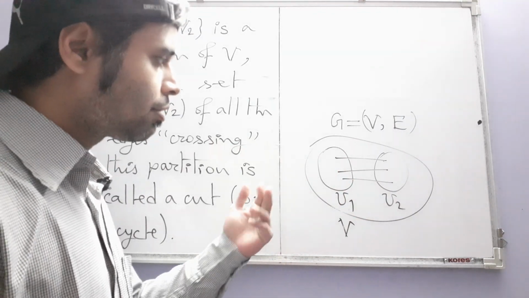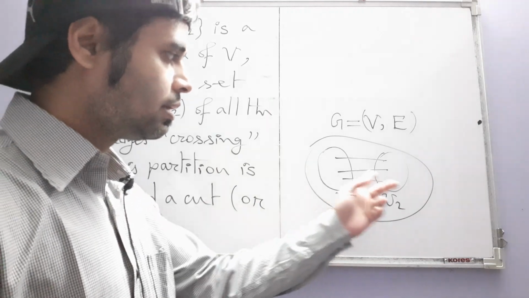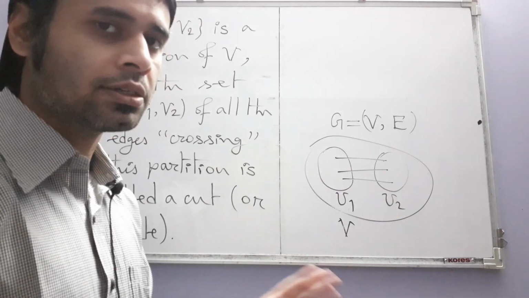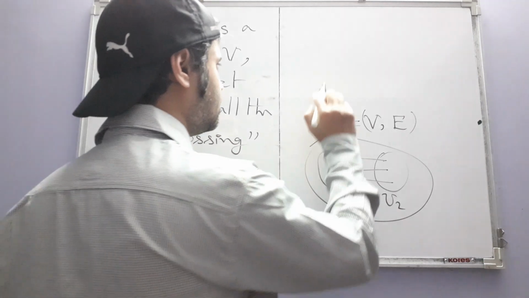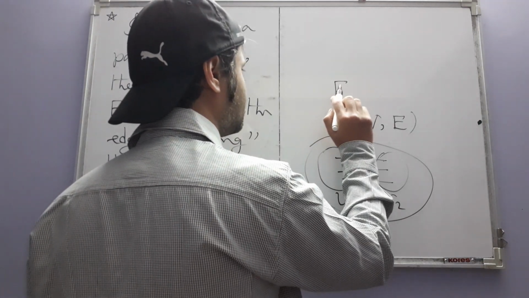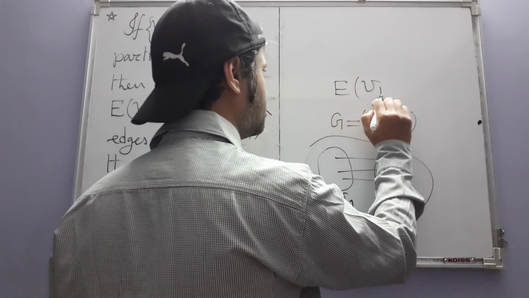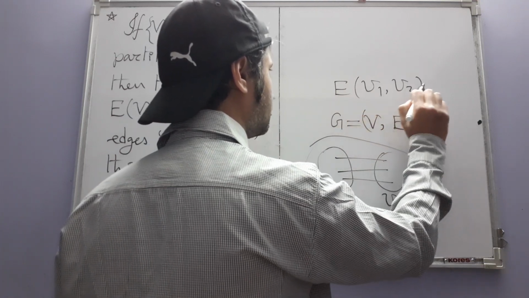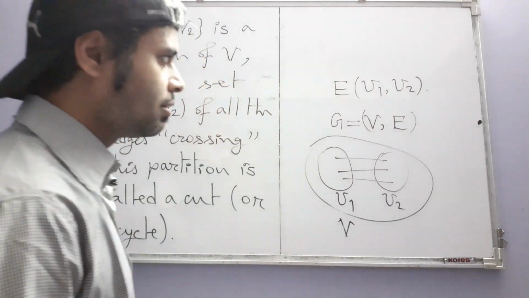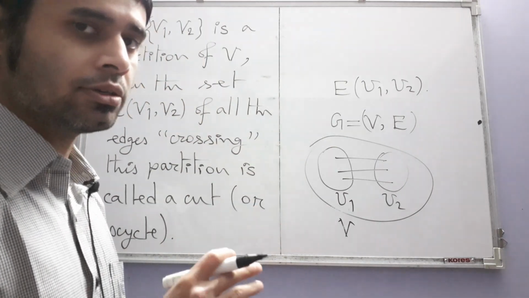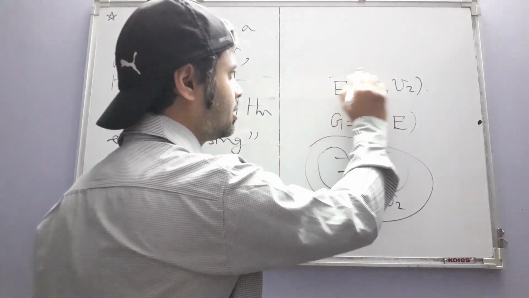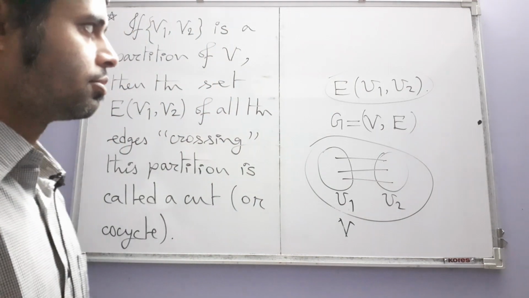The set of all those edges between U1 and U2 we have already denoted by this notation, which we came across in the very beginning of our graph theory in this book.